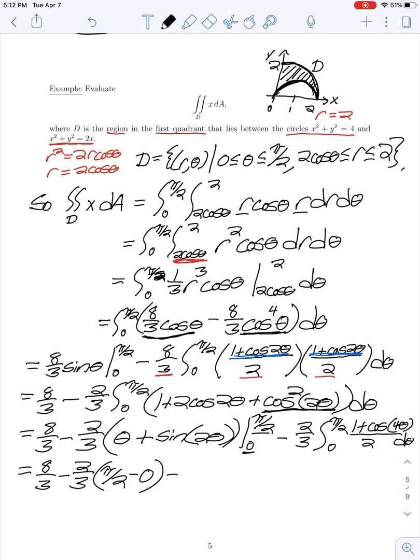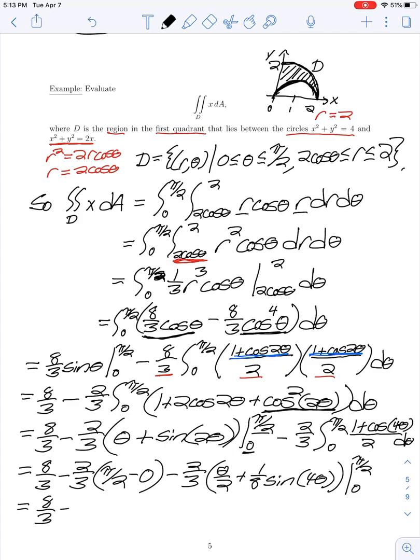Now for this last term, we have a negative 2/3, and the antiderivative of 1/2 is theta over 2, plus the antiderivative of cosine of 4 theta over 2, which gives us 1/8 sine of 4 theta, which we are evaluating from 0 to pi over 2.